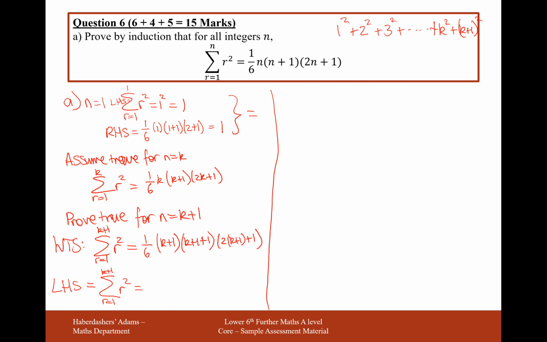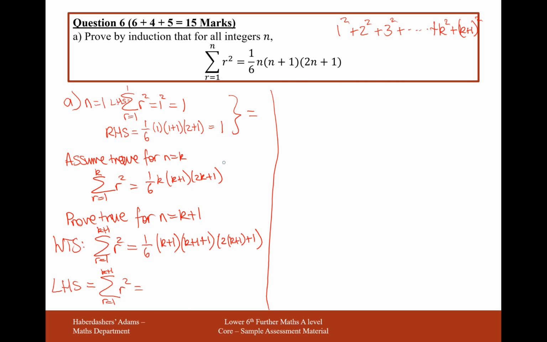Right, let's try and break this up into something that we know then. We know that the series of the square numbers from 1 up to k, so just these ones here up until k, can be represented with this formula. So that's what we'll do. We'll represent the first k terms with this formula here.